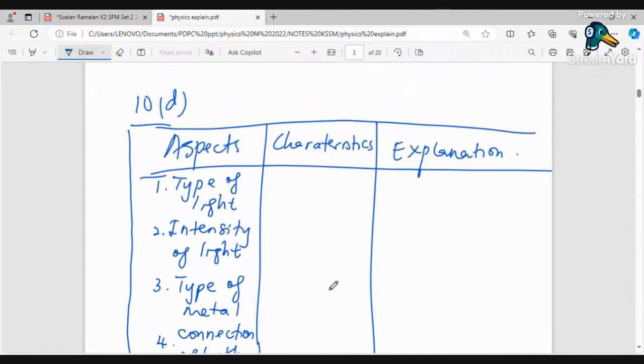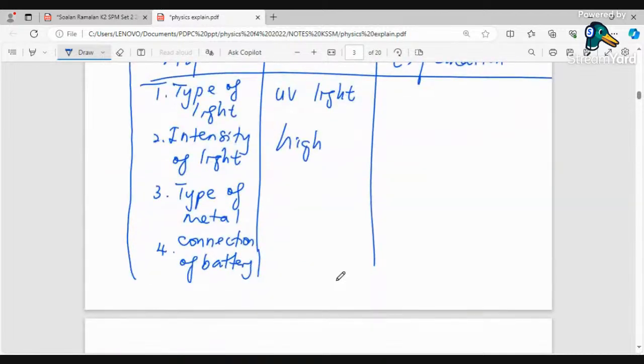Okay, sekarang baru kita masuk karakteristik yang sesuai. Just now we already choose P. Okay, so all the properties of P you add in here. Type of light ialah UV light. Intensity of light ialah apa? High. Type of metal tadi guna apa? Calcium. Connection of battery tadi apa?